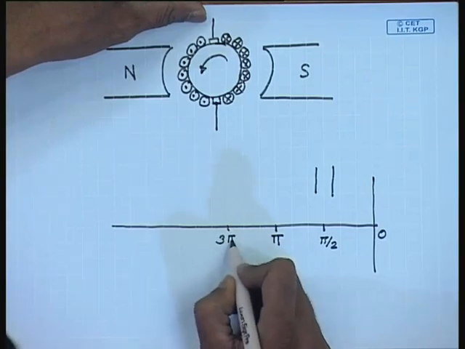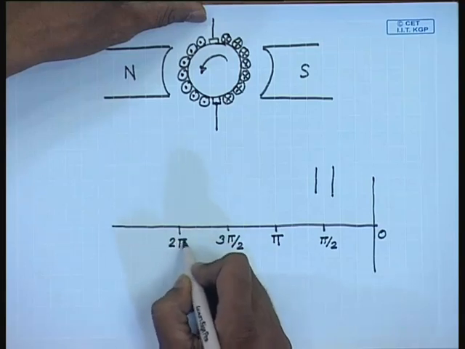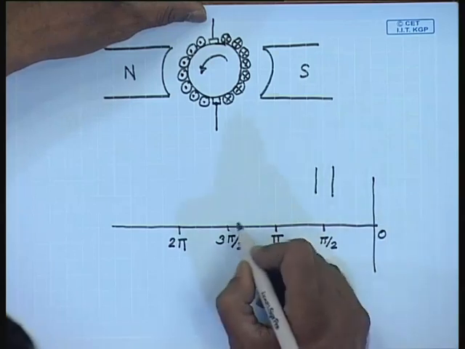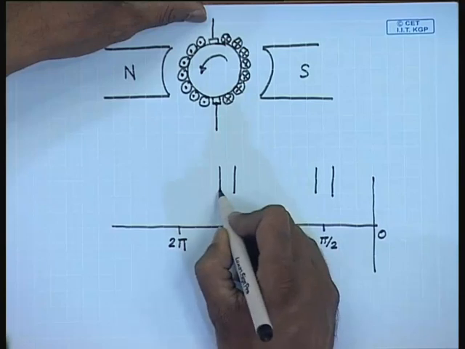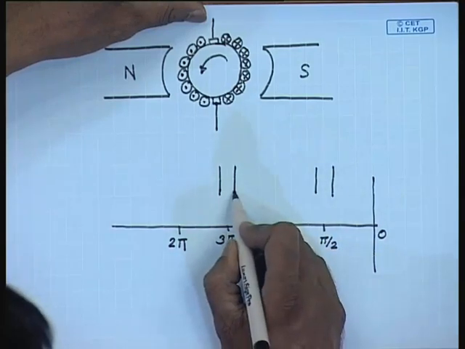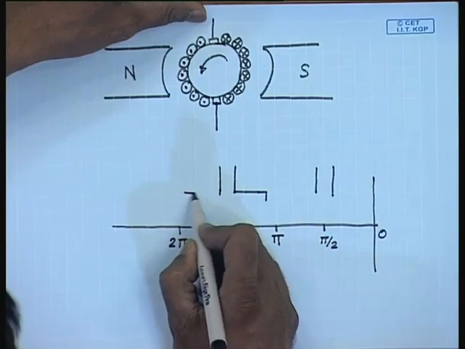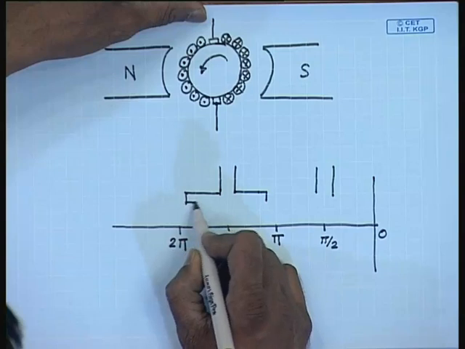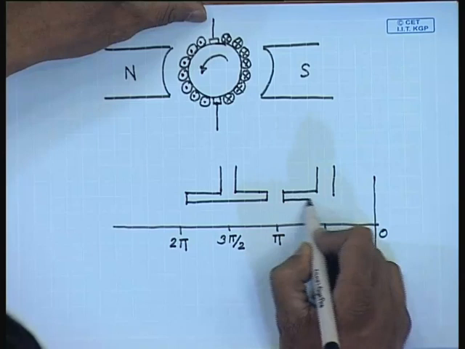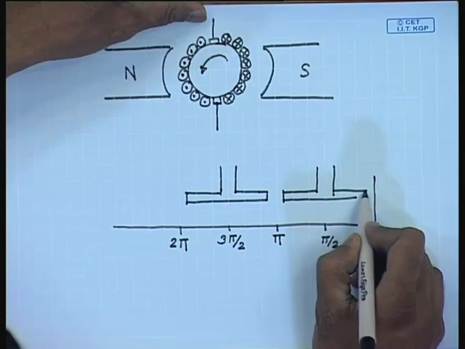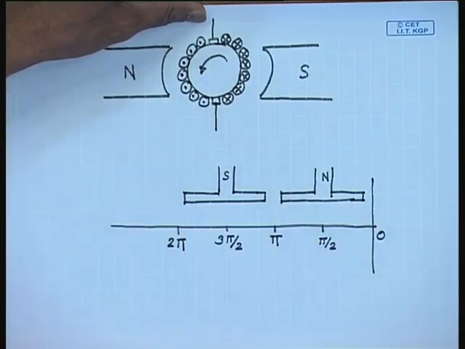For simplicity, we have assumed a two pole machine. This is the north pole, this is the south pole.